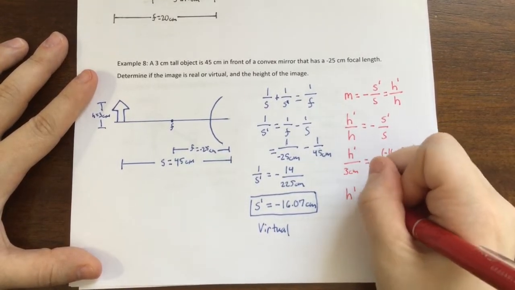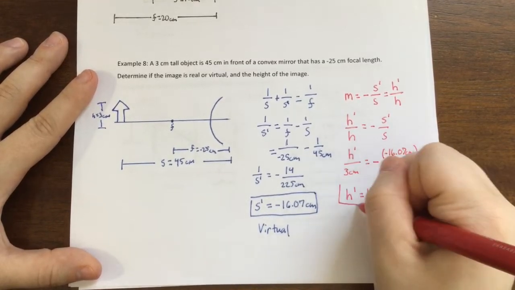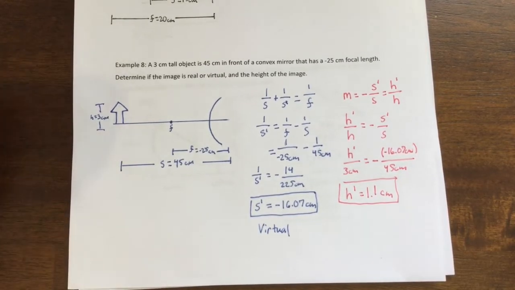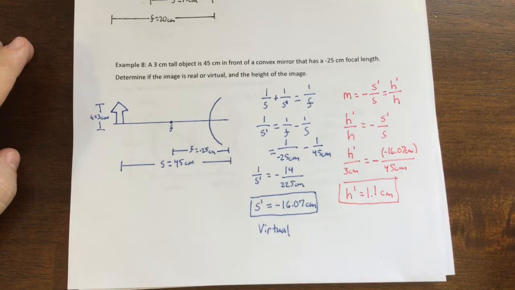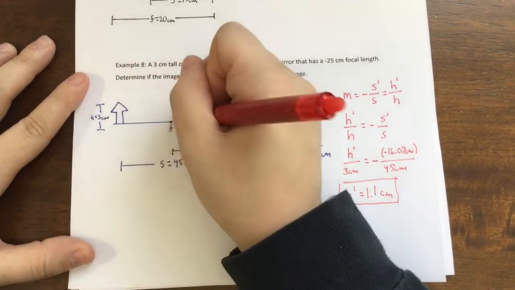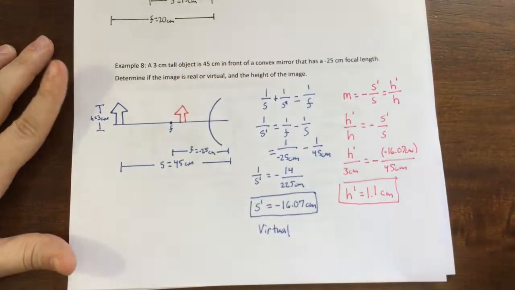We get H prime to be 1.1 centimeters. This height is positive, which means that the image is upright. We also have a position for it, so we can draw that. The height is smaller, so it would be something like that.